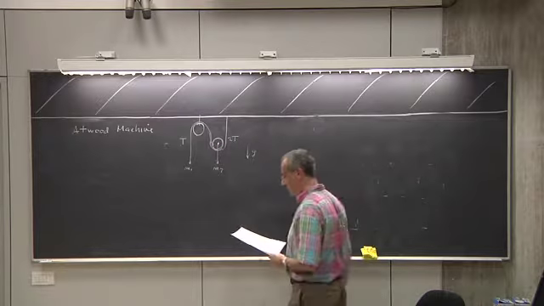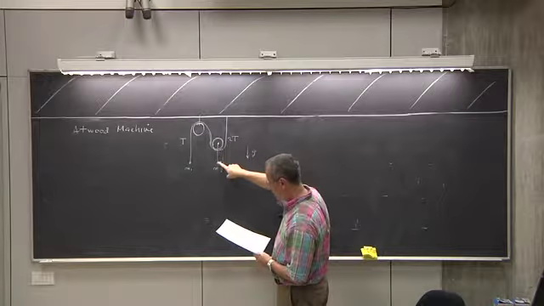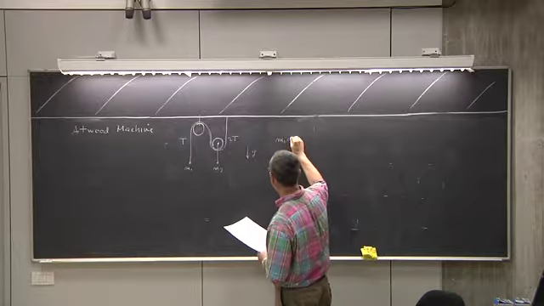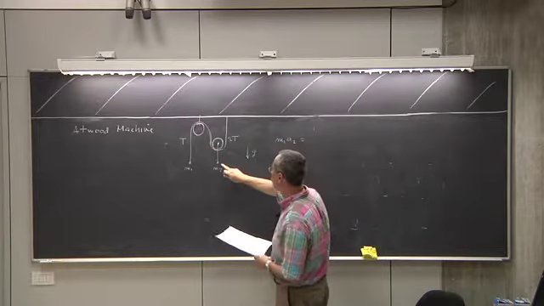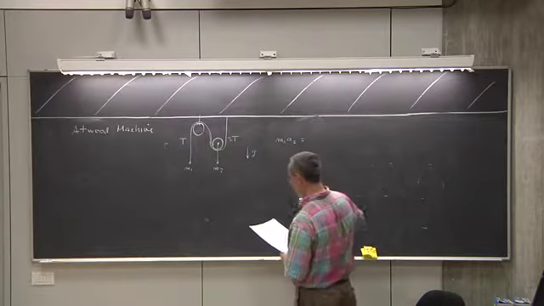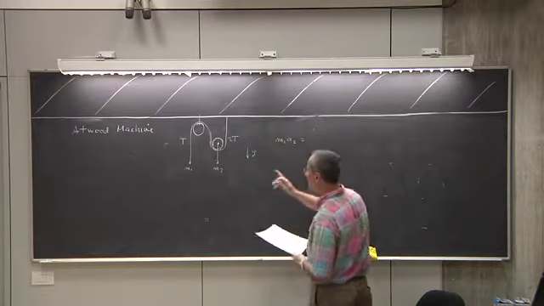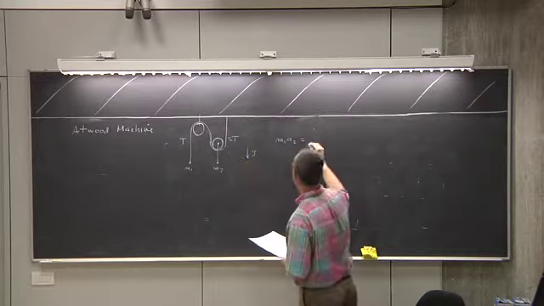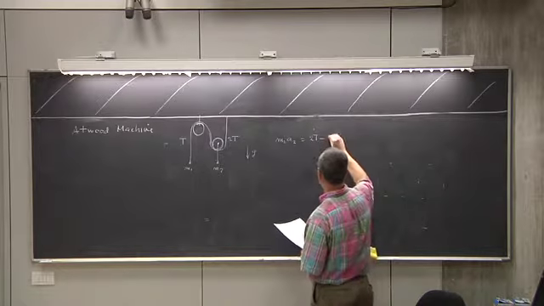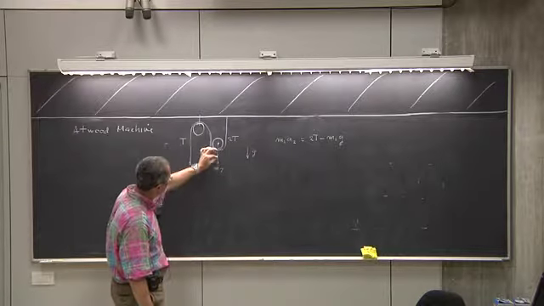If I look at the mass m2, so if I want to find out what is the acceleration of the little mass m2 that is hanging from this pulley, well, it has gravity pulling down, but you have 2T pulling up. So it's the difference between 2T and minus m2g. So this is Newton's law for this point here.